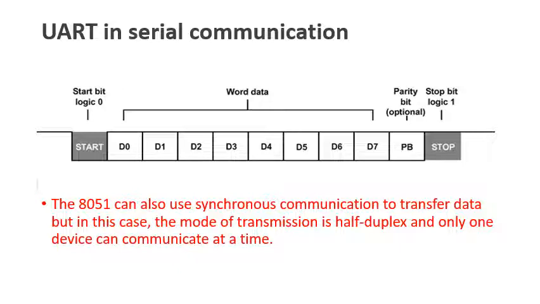A UART frame consists of data to be transmitted and start and stop bits. In some cases, the number of stop bits can be 2, but the start bit is always a single bit. Also, the 8051 supports full duplex communication, which means it can transmit and receive data at the same time.